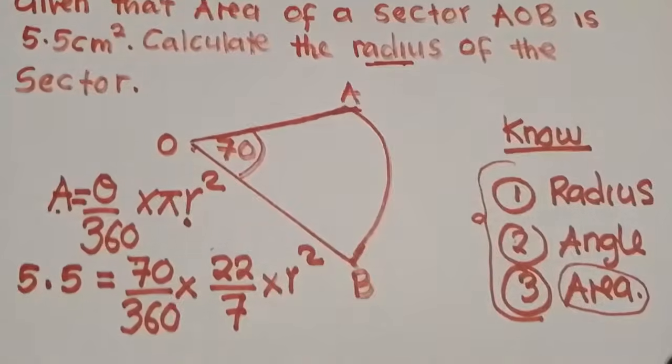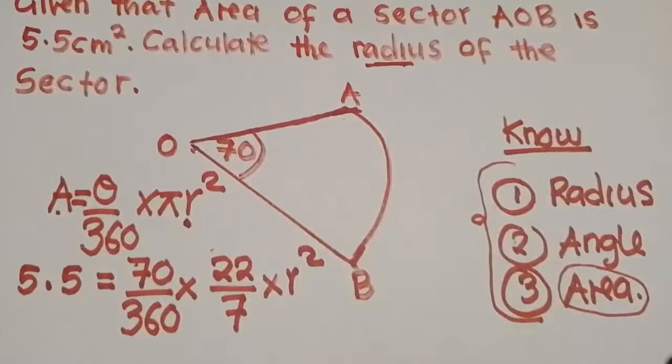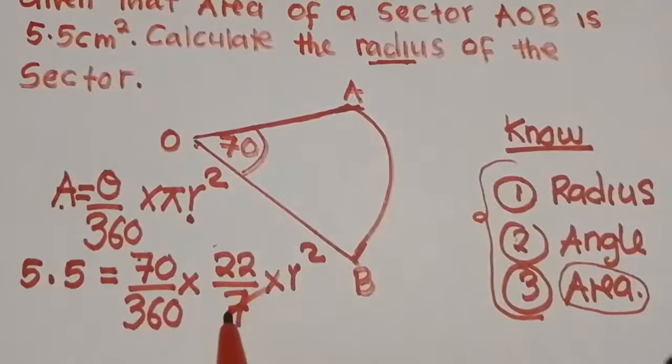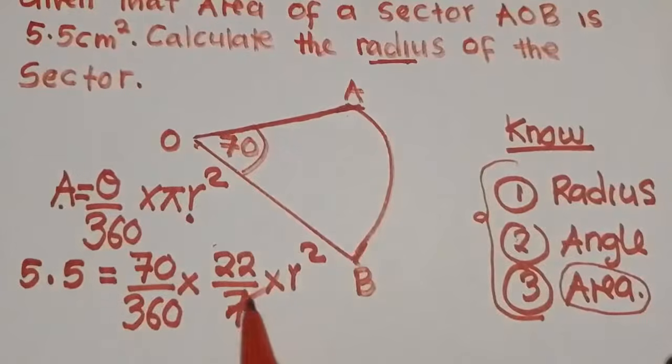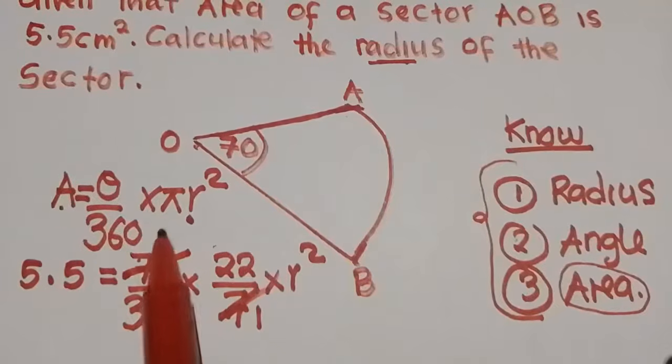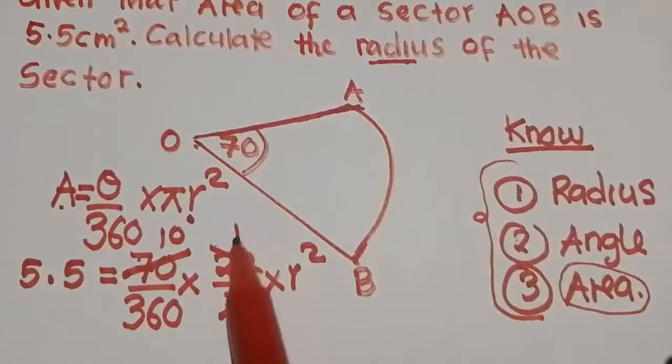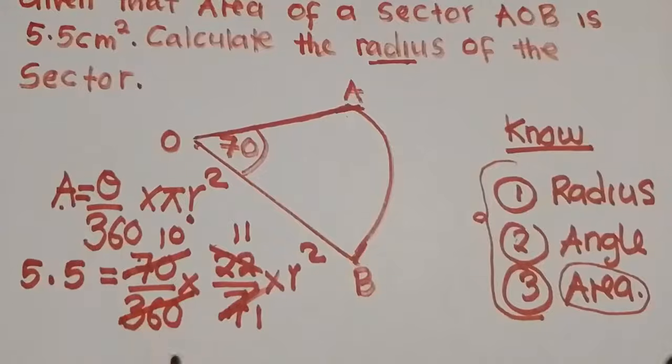So you say, okay, how can you start all these calculations? This is how you are going to start. 7 there, it is 1. 7 there, it is 10. Have you seen it is 10? Then 2 there, it is 11. Then 2 there, it is 180.